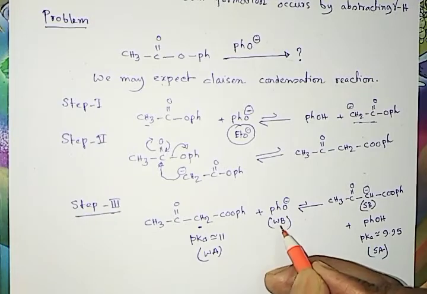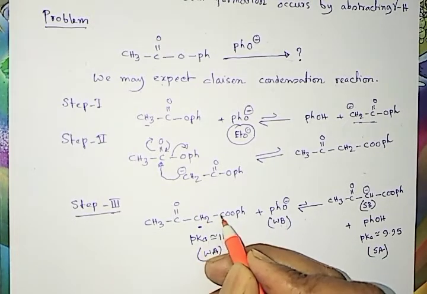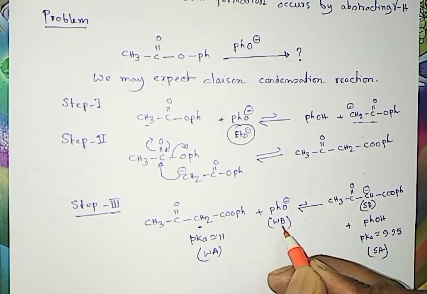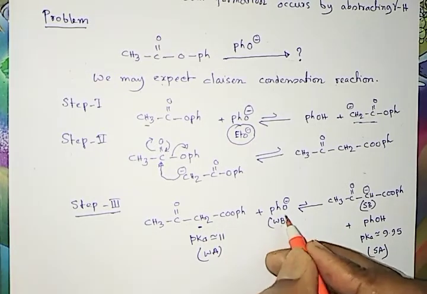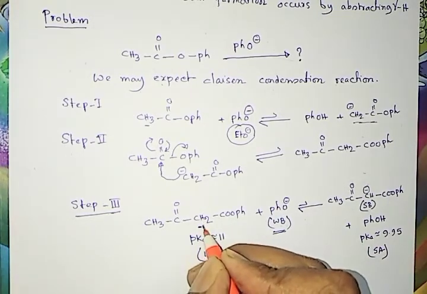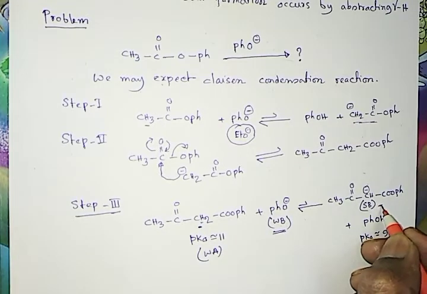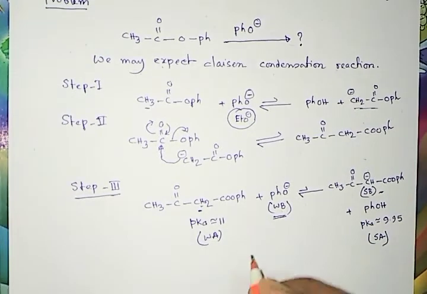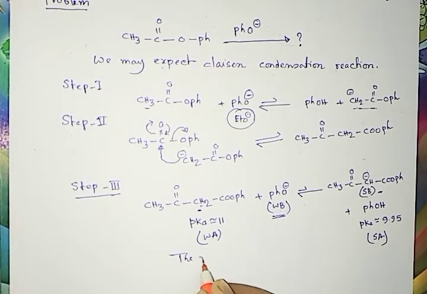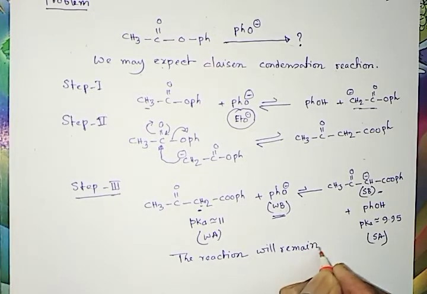Therefore, as it is a weak acid, it is reluctant to give a proton, whereas it has to be a strong base, but unfortunately phenoxide is a weak base, therefore it cannot abstract this proton to make this salt. So the reaction will remain unsuccessful.